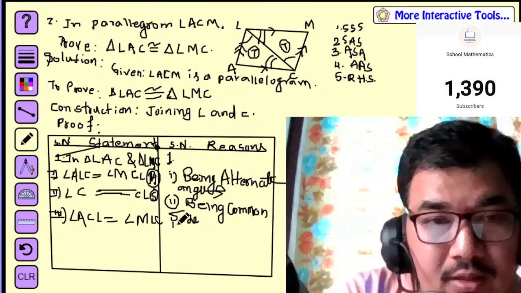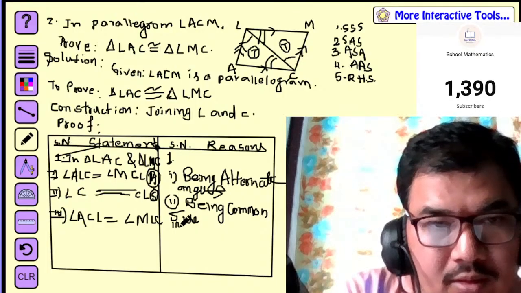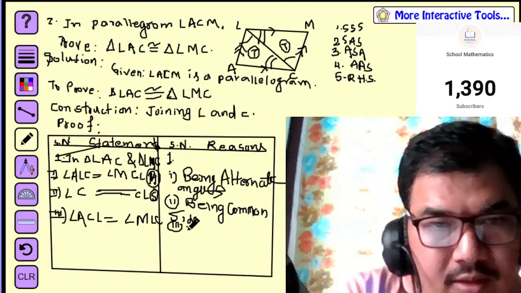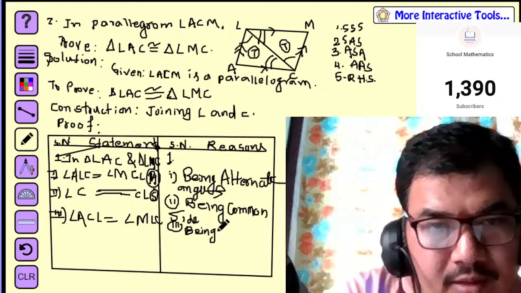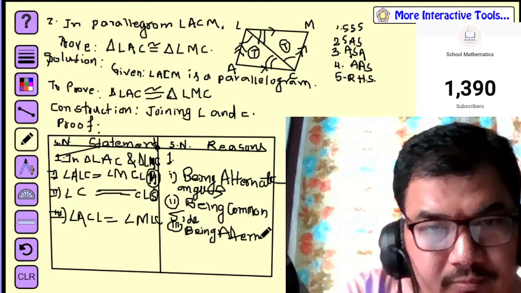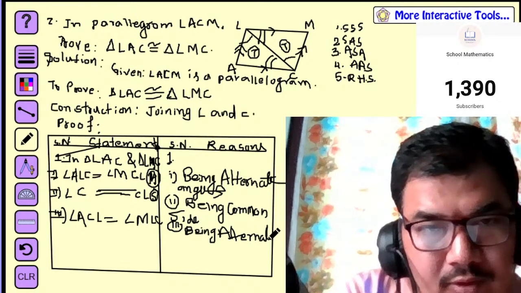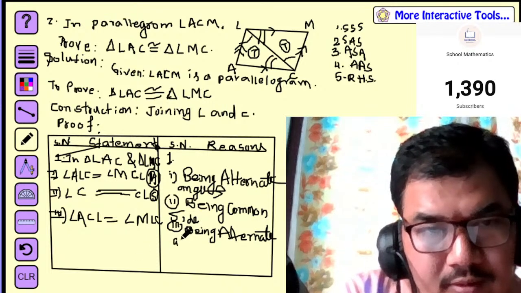Its reason will also be being alternate angles. They are equal because of the alternate angles.